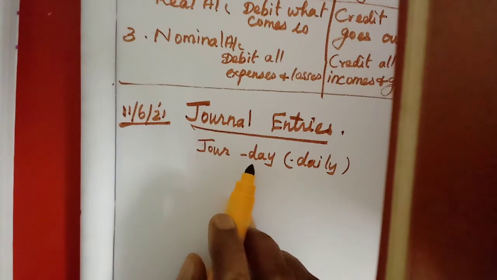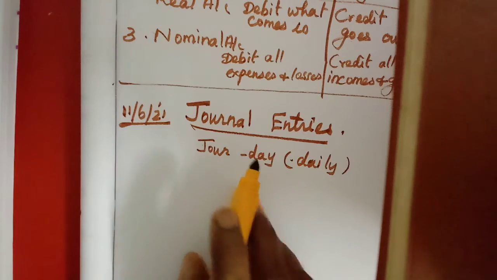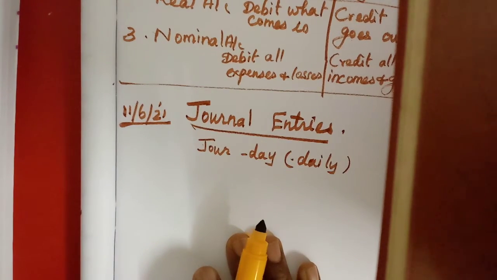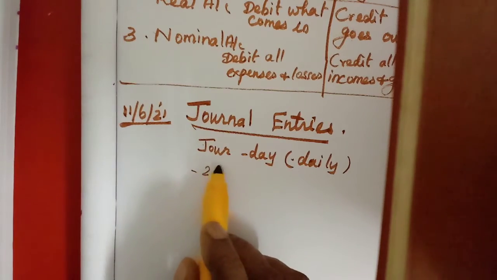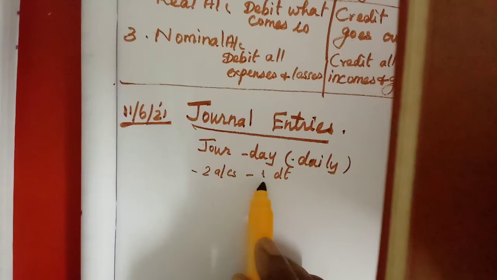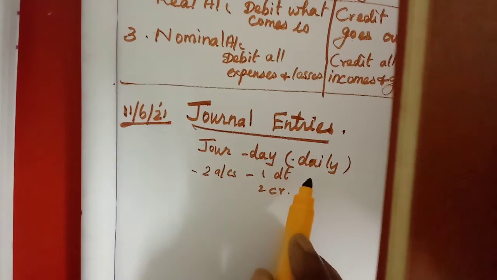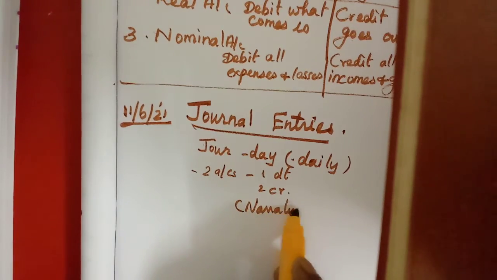We have learned already that the journal entry will be prepared as and when the transaction takes place, or as per the order of occurrence. Minimum it will affect two accounts: one will be debited and the other will be credited. Then one narration also we will write in brackets. How to prepare a journal entry, we will learn that.